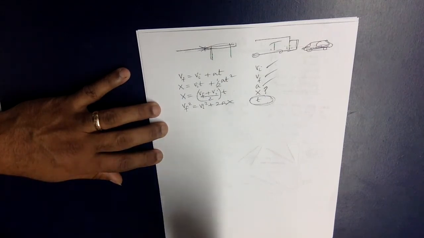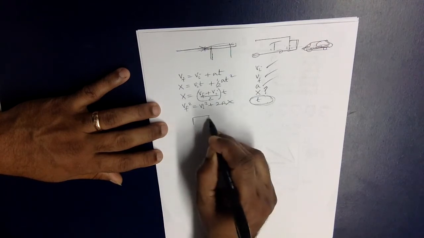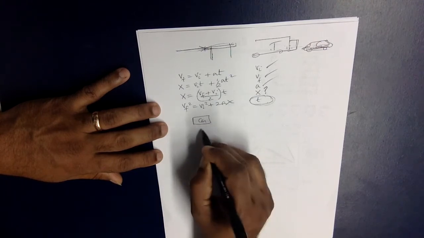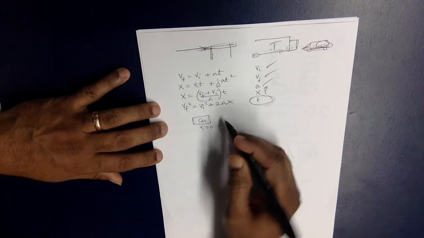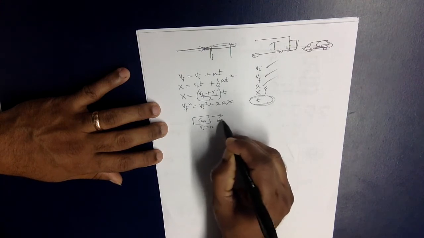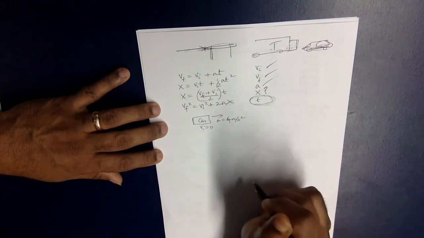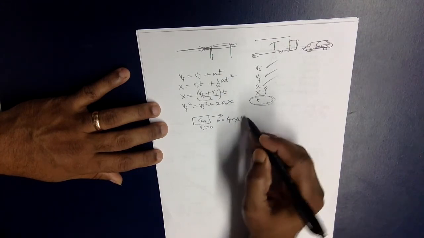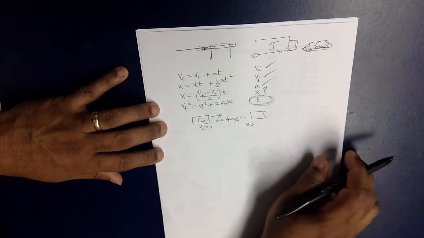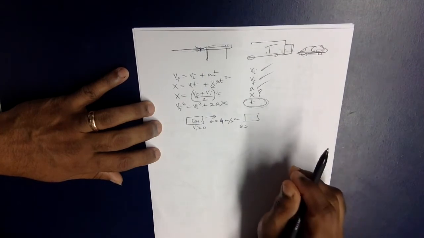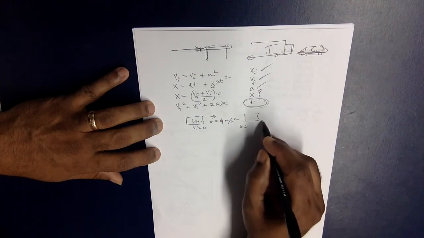For example, if I tell you a car starts from rest, which means initial velocity is 0, and it is accelerating at 4 meters per second squared, and the car does this for 3 seconds, and the question is, what is the velocity with which it's going here?